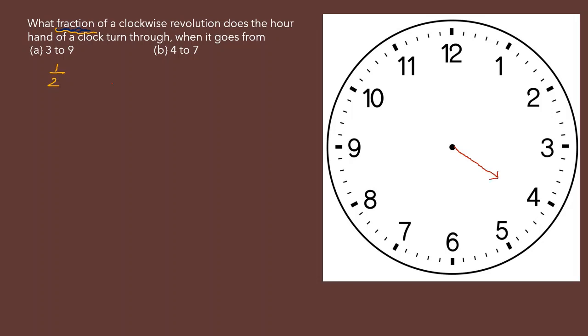How many angles, tell me? 4 to 5, this is 30. 5 to 6, this is again 30. 6 to 7, this is again 30. So what is this angle? This angle becomes 90 degree. So 4 to 7 is 90 degree. 90 degree means what fraction? 90 degree means fraction is 1 by 4. So 4 to 7, the fraction we get is 1 by 4.